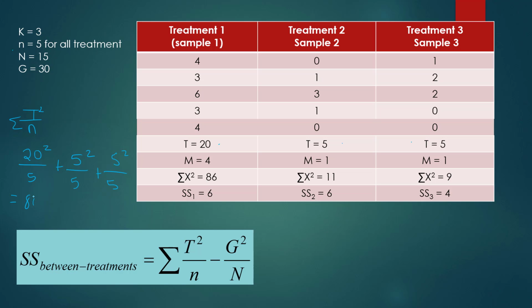That's going to give me 80 plus 5 plus 5, which gives me 90.